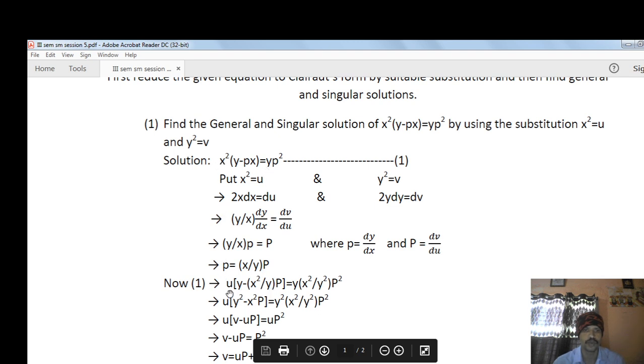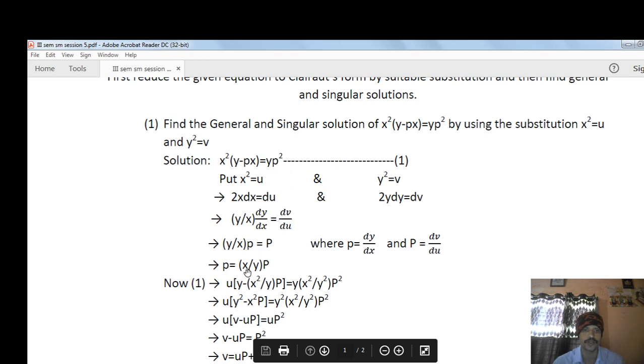x square is u into y minus p is x by y into p. But already x is there, x into x, x square. x square by y into capital P is equal to y into small p square.